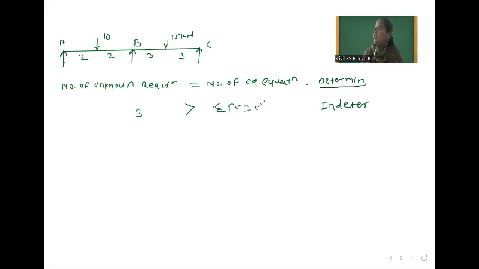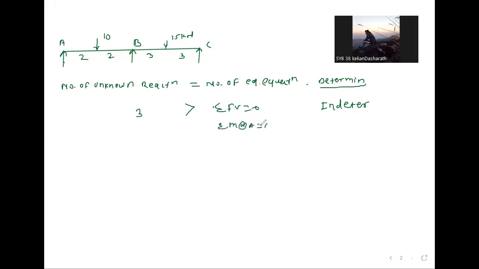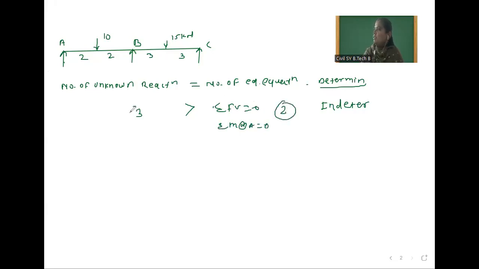Summation FV equal to 0, and summation moment at any point equal to 0. So equations are 2 and reactions are 3. That means the number of reactions is greater than the number of equations. So this structure is an indeterminate structure.